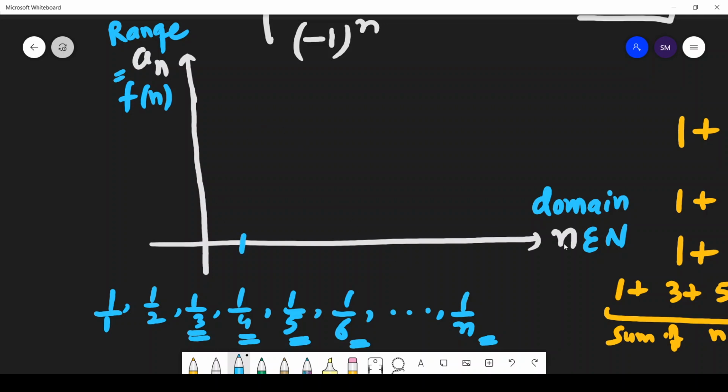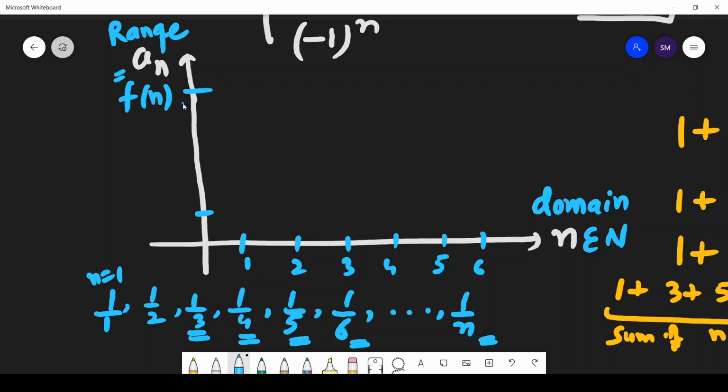So let us plot these points. This is the domain, which is natural numbers. So n is equal to 1 here in the first, then 2, 3, 4, 5, and 6. Because the maximum value is 1, I need not go beyond 1. So this is my 1 over here.